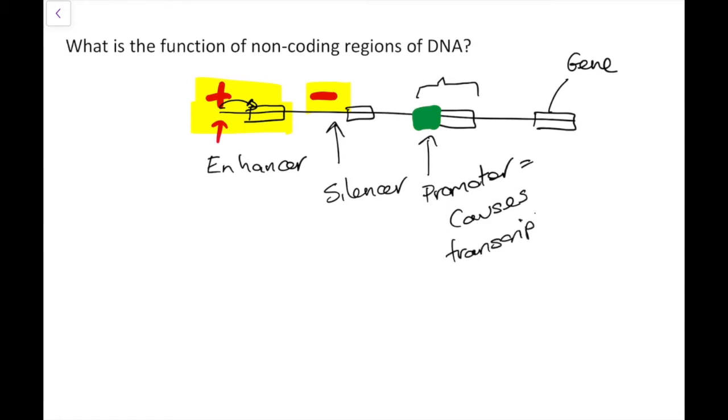We're going to see some of the enzymes involved, but there's an enzyme which needs to come along and it needs to bind. So I've just drawn this circle here as the enzyme. There's an enzyme which is going to run along the DNA and use it. And so for this enzyme to bind here, it needs to recognize a promoter. It will bind to that promoter. So some of the regions are promoter, which causes transcription. It allows the enzymes involved in transcription to bind.